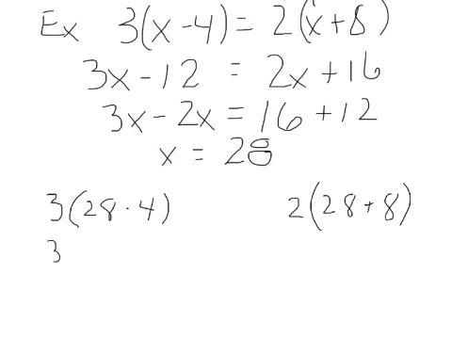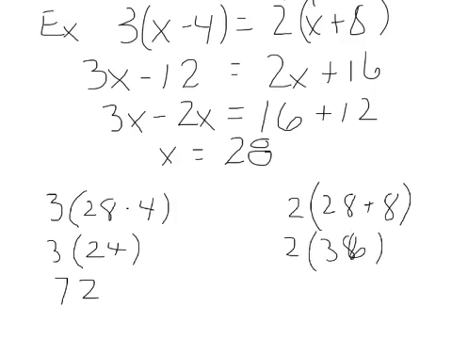So 3 times 24 equals 72. 2 multiplied by 36 equals 72. So therefore, you know that you have solved the equation correctly. The statement is true when x is equal to 28.